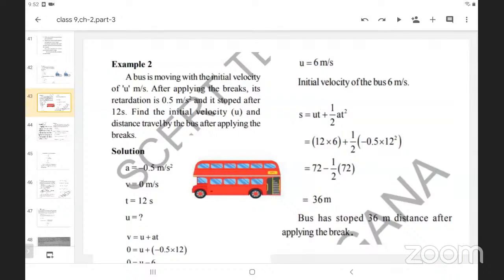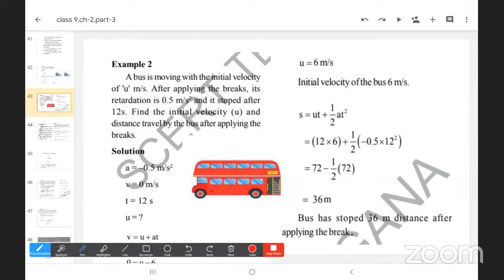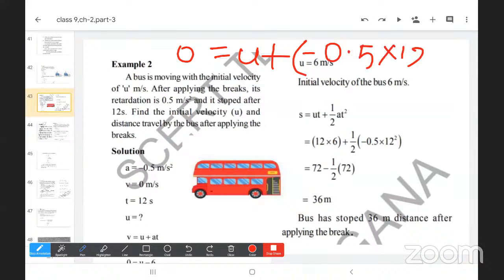So here we get 0 equals u minus 0.5 into 12. So what is the value? When multiplying 12 into 0.5, right? 12 into 0.5 is nothing but 6, right?